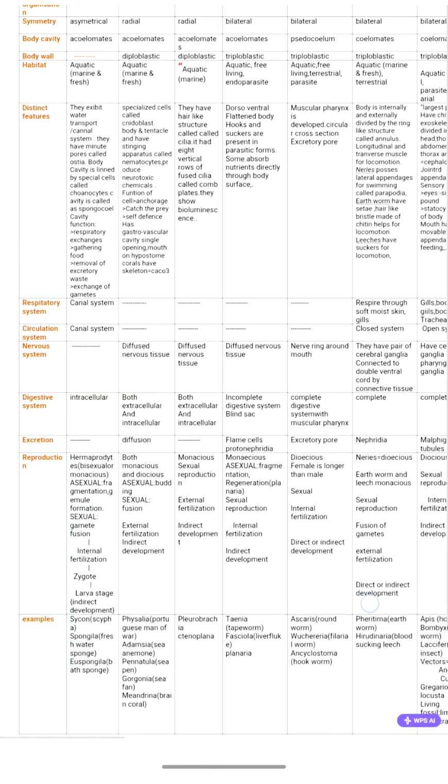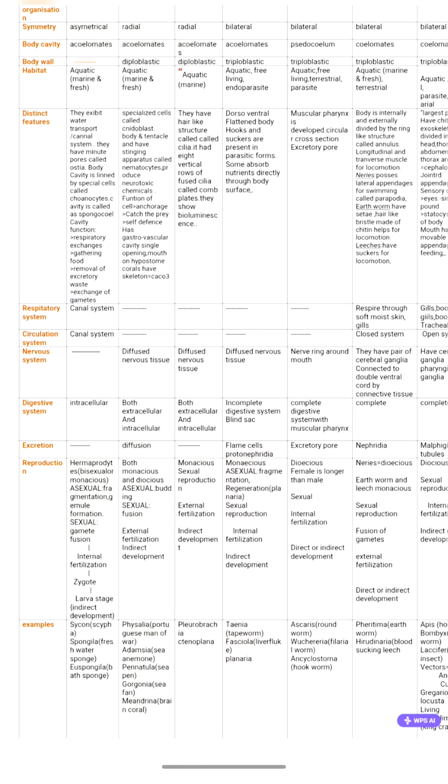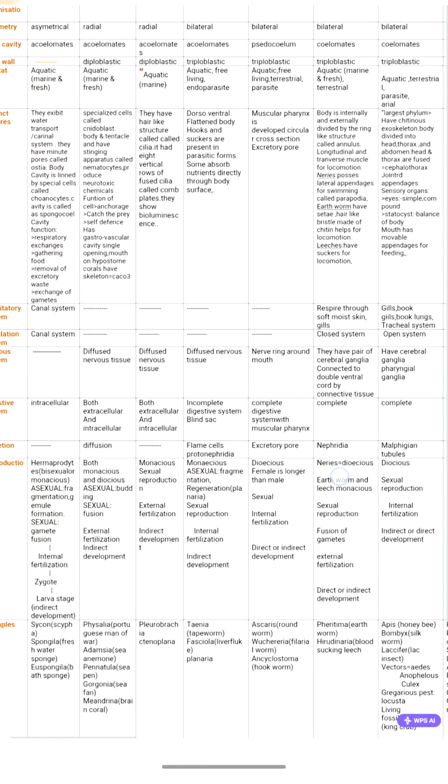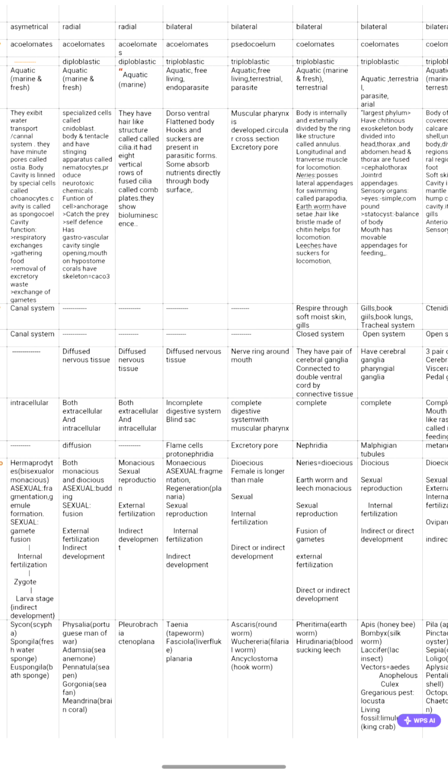Digestive system. Porifera is intracellular, this is very important, remember, and coelenterata is both extracellular and intracellular. And next ctenophora; I have already said coelenterata and ctenophora almost share similar things. Remember that both extracellular and intracellular is for coelenterata and ctenophora. Next is platyhelminthes.